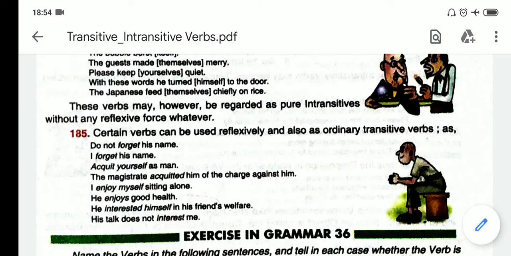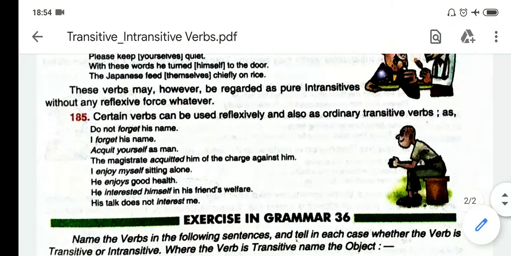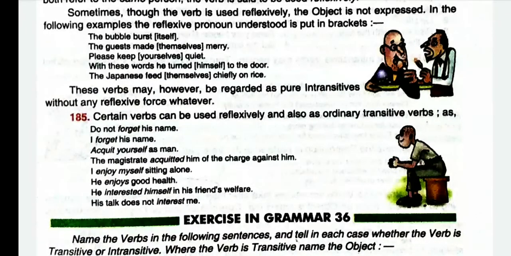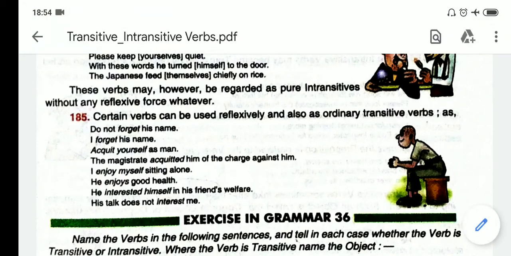Myself, herself, themselves, himself, all these denote that the verb is being used reflexively. I enjoy myself sitting alone. In this case, enjoy is being used reflexively.